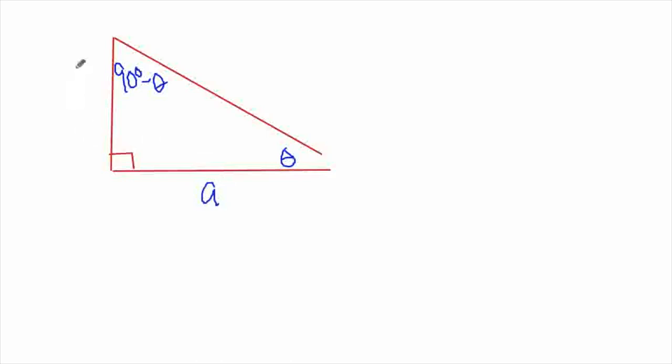Let's use A, B, and C. Now the sine of theta: if you're talking about an acute angle like I am here, then you can forget about the circle and the x and y and just use the ratios. You might recall when I first started talking about this, for the sine it was the opposite over the adjacent, the side length next to the angle.